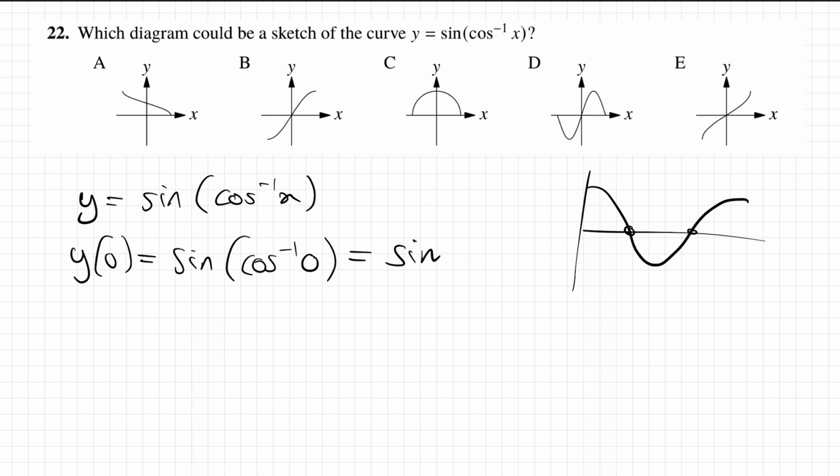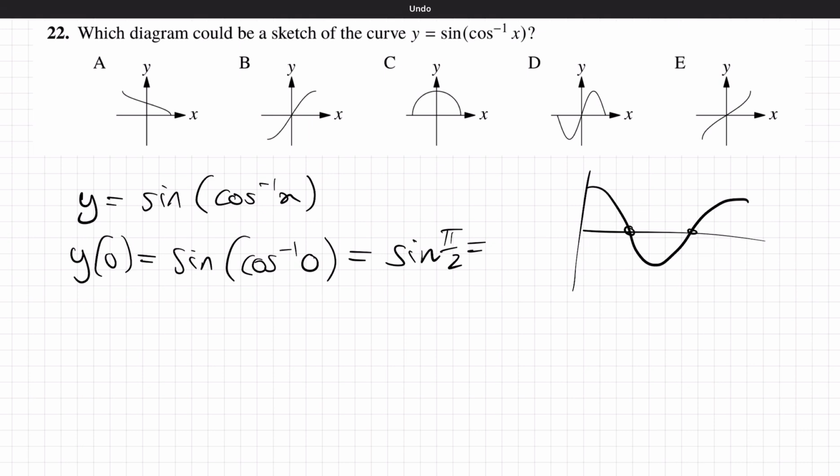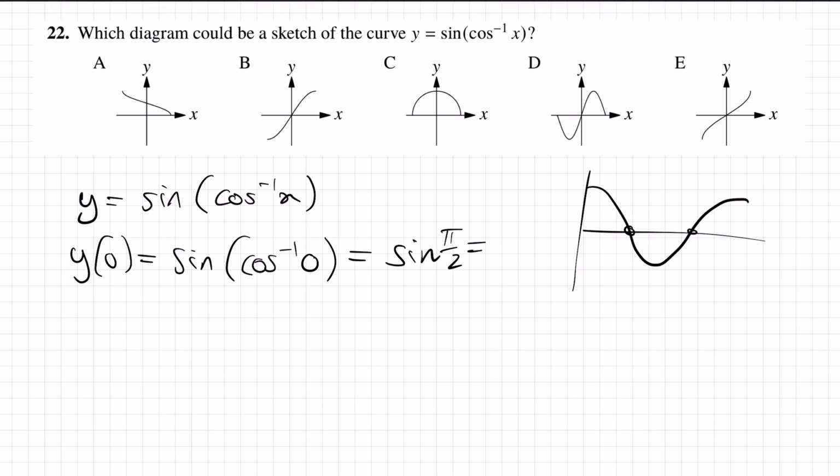So we'll just take the pi over 2 one for now. If we take 3 over 2 pi, then it would also be minus, but I don't think any of these have minus 1, so we'll just take pi over 2, and then sine of pi over 2 is equal to 1. So immediately we can eliminate b.